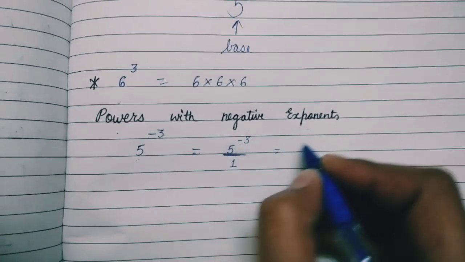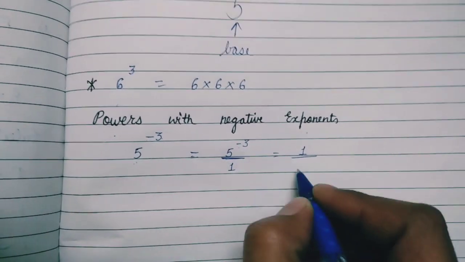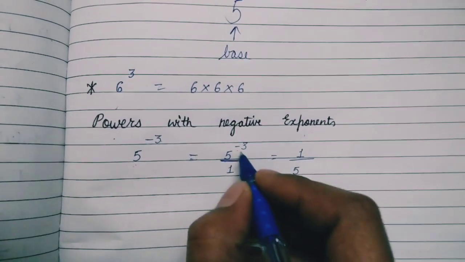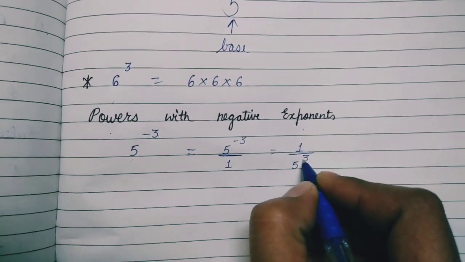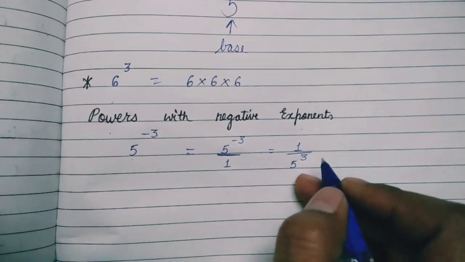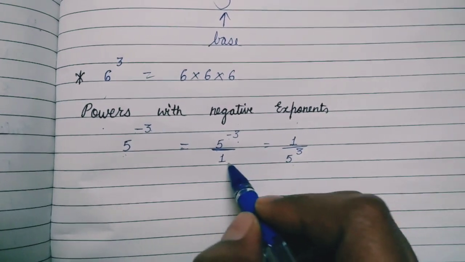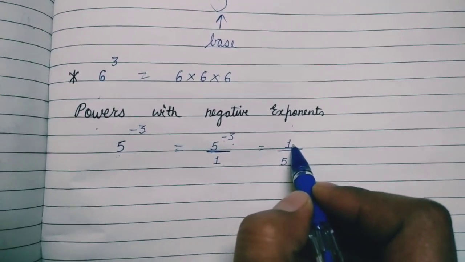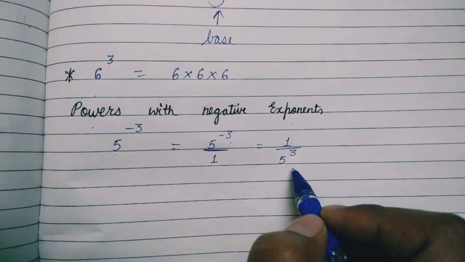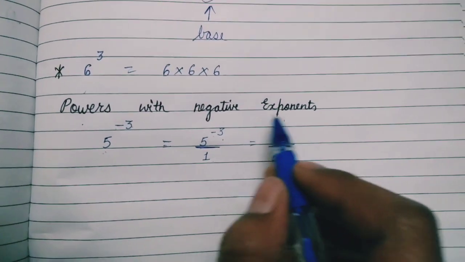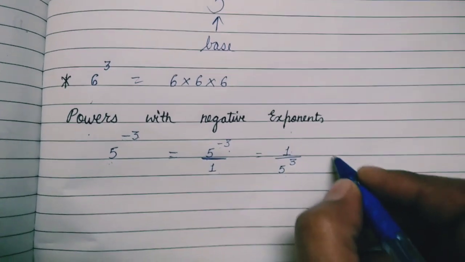When we shift 1 to the upper side and 5 raised to the power minus 3 comes to the downside, its minus will be removed, because when we change their places, the numerator comes in the denominator and the denominator comes in the numerator. After doing this, we can remove the negative symbol of the exponent and simply solve.